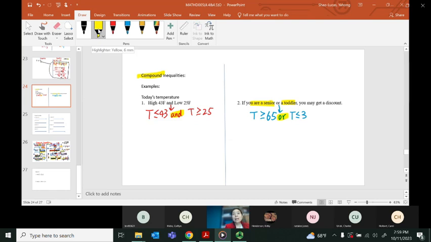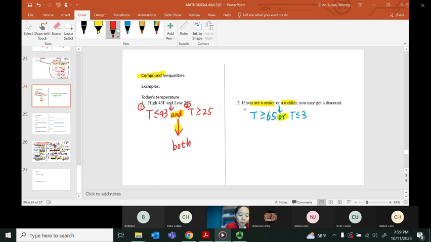I know in real life, a lot of times we don't really distinguish and and or. We thought they were the same thing, and we didn't care about the difference, but mathematically they are very different. And means both. We have two inequalities, let me call them inequality 1 and inequality 2.